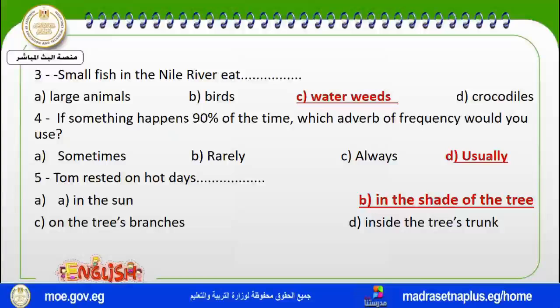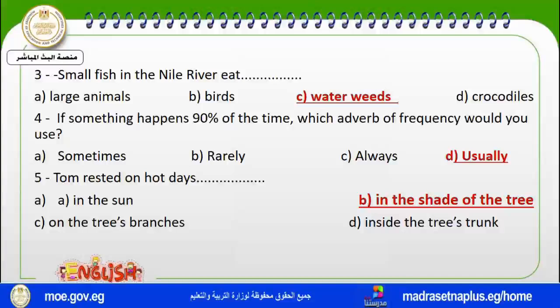Always is about expressing something that happens every day. It's repeated every day, 100%. And usually is less. It's repeated 90%. And often is 70%, when it is less, maybe 3 or 4 times.